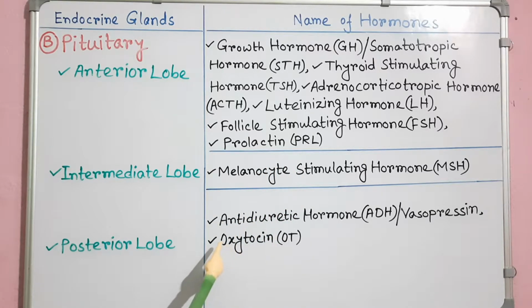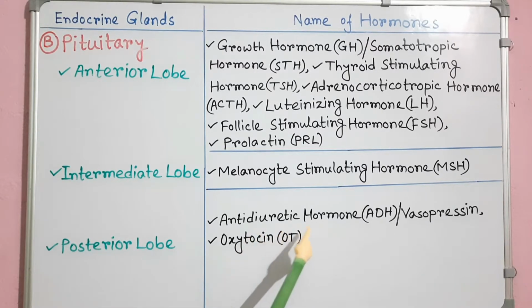The hormones which are released from the posterior lobe of the pituitary gland are antidiuretic hormone or vasopressin, oxytocin, etc.